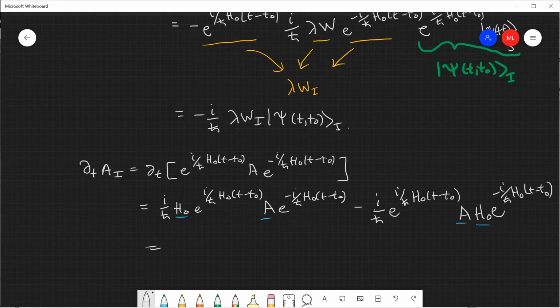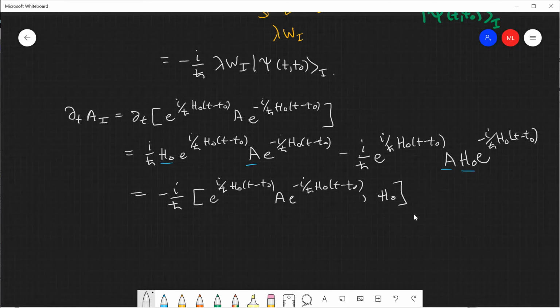And so all of this is just minus i over h bar, and we can write this as the commutator between this sandwiched operator and H naught. And if you look, this is nothing but the interaction picture operator. It's just minus i over h bar, the interaction picture A and H naught.